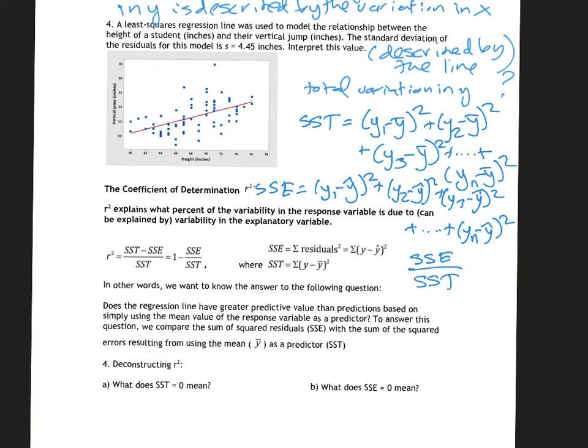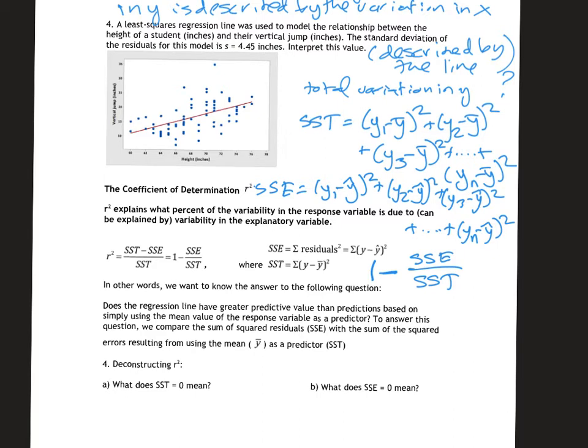In other words, how does the sum of the squared residuals compare to the total variation in y? This says what percent is not described by the regression line. So to figure out what percent of the variation is described by the regression line, it would be 1 minus that.